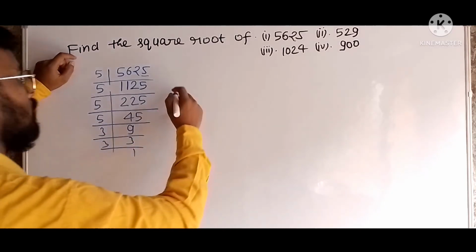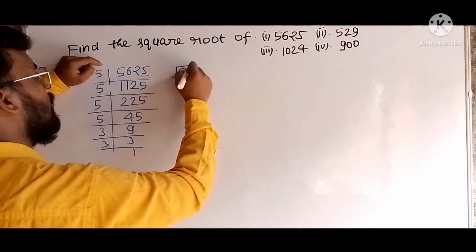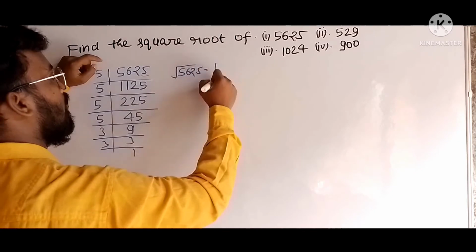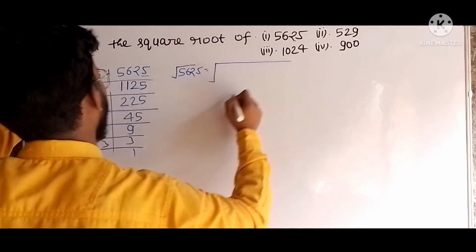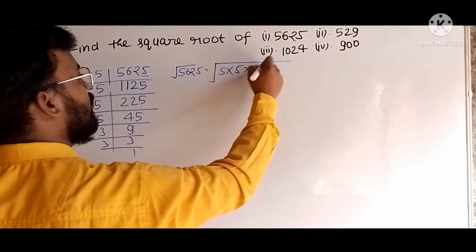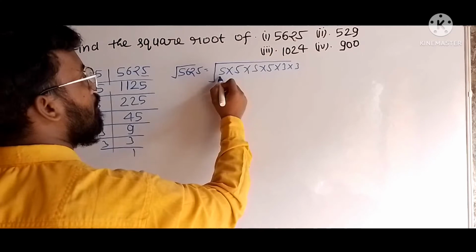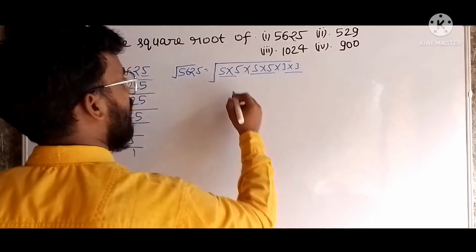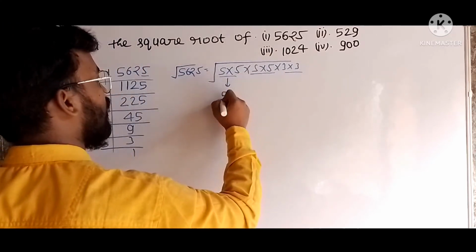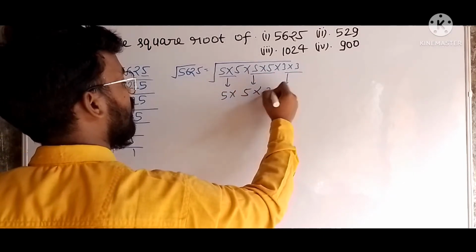Now to find the square root of 5625, write it in this way, as a product of its prime factors. Now pair up the numbers and take one 5 from here, one 5 from here, one 3 from here.